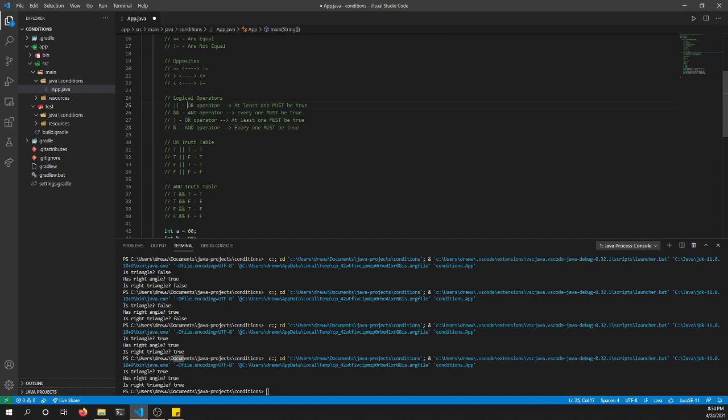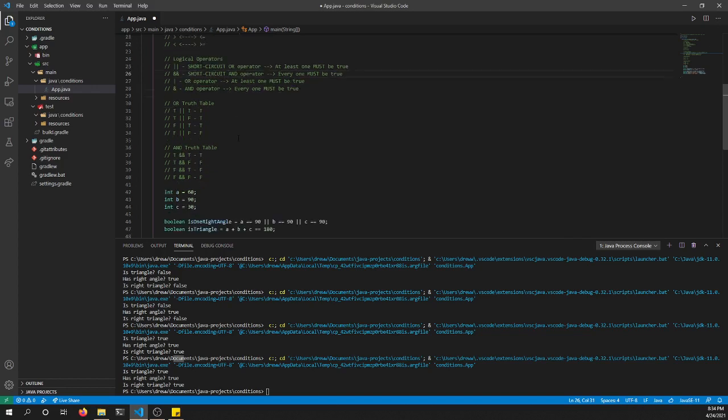But they behave a little bit differently. This is the short circuit OR operator, and this is the short circuit AND operator. And the trick is just a little subtle. And this takes a little bit of practice to get used to.